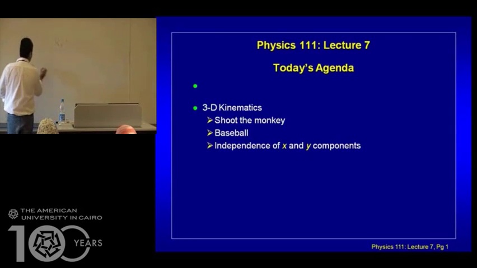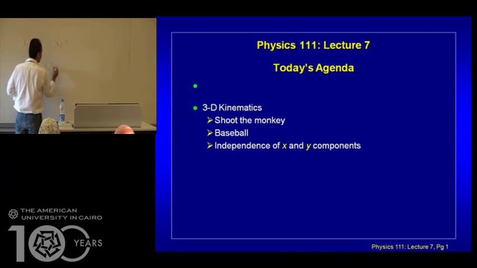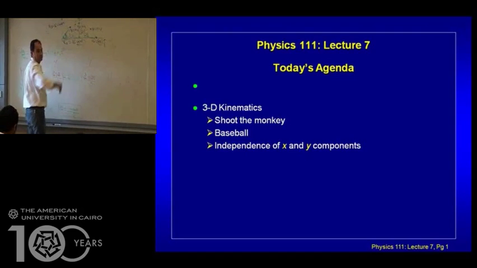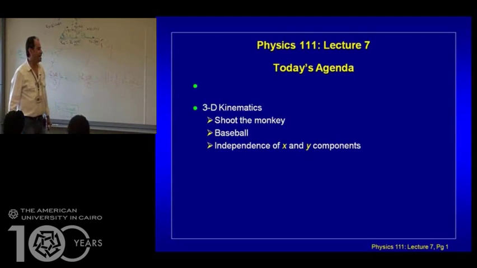So that's v0x, which is v0 cosine theta, times t. What's t?